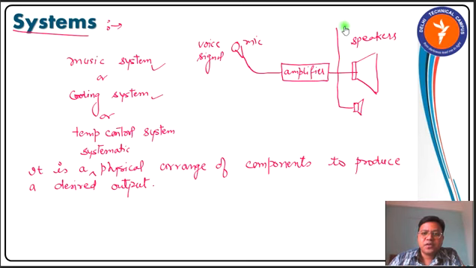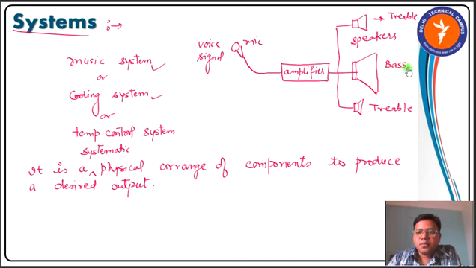So we have this arrangement, where the voice is being amplified by this amplifier, and then in the output it is separately fed to these three speakers, where this speaker will be producing treble sounds, and this may be producing the bass in the sound.